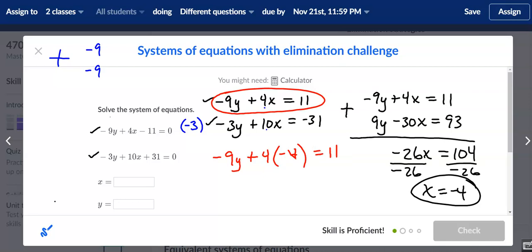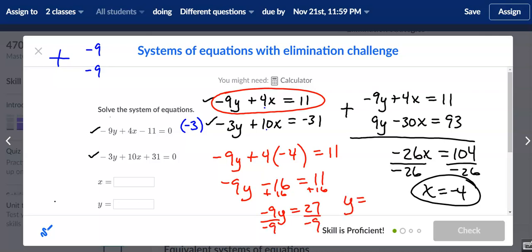Then we got negative 9y minus 16 equals 11. Add the 16 to both sides, and I get negative 9y is 27. Divide by negative 9, divide by negative 9, and y equals negative 3.